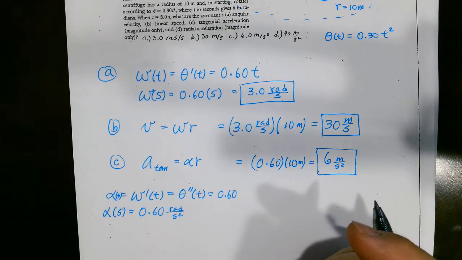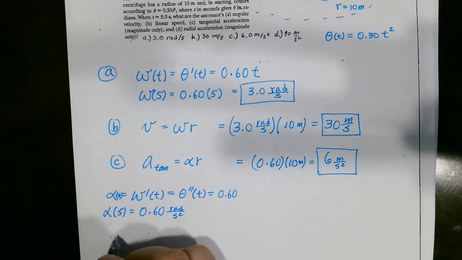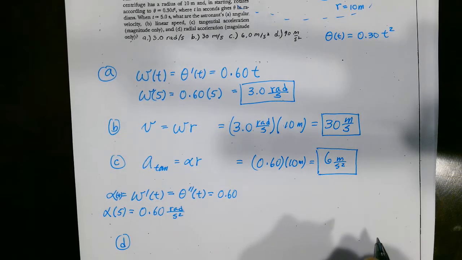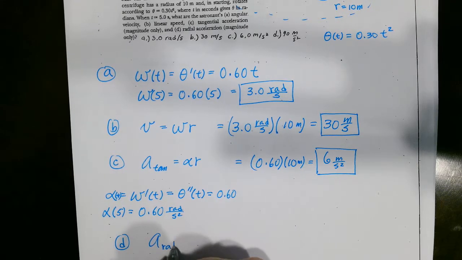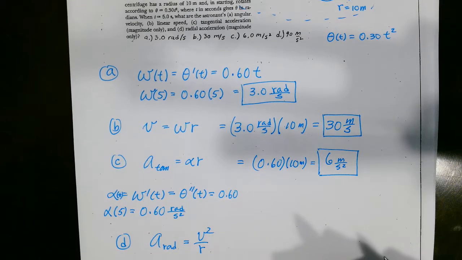And then, what about part D? Part D asks, what is the radial acceleration, magnitude only, at 5 seconds? Well, a radial is equal to v squared over r, or omega squared r.